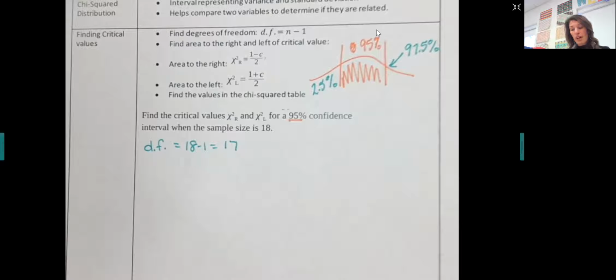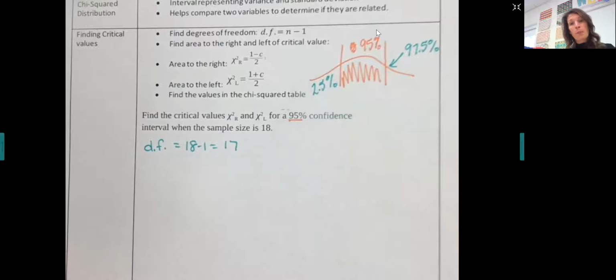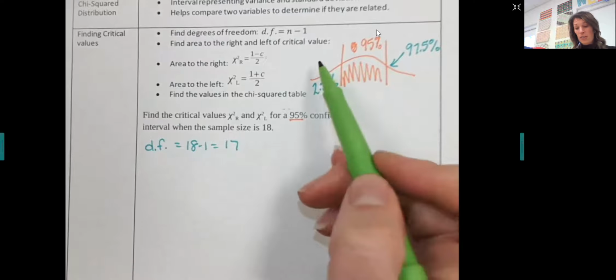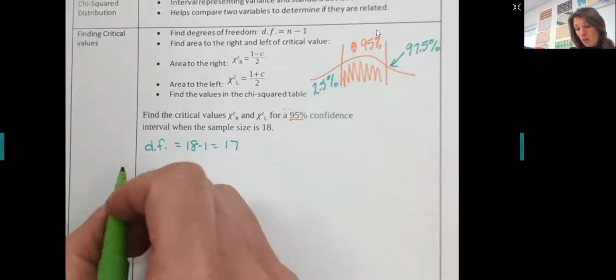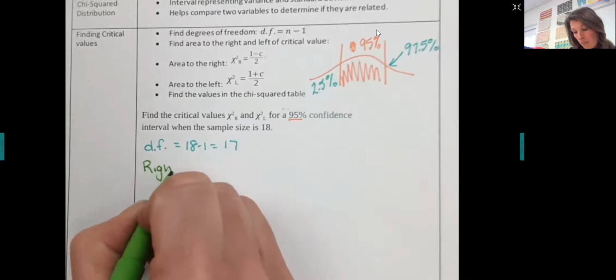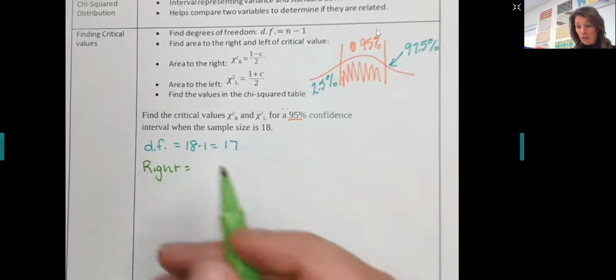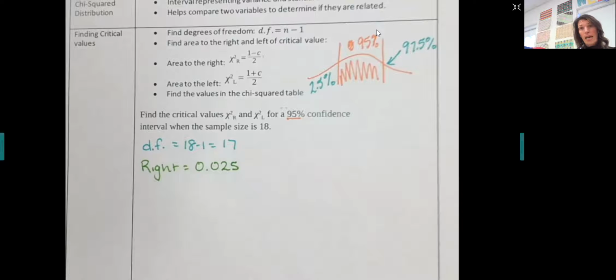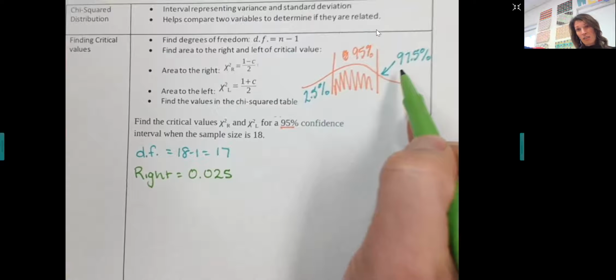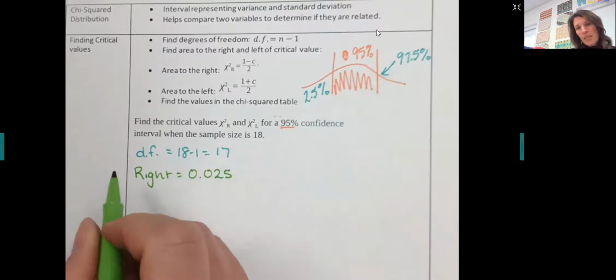Then I have to find my areas to the left and to the right. Remember, when we convert this to a decimal, we divide by 100. So to the right is going to be 2.5% divided by 100, or 0.025.